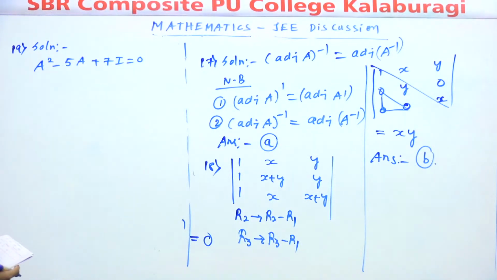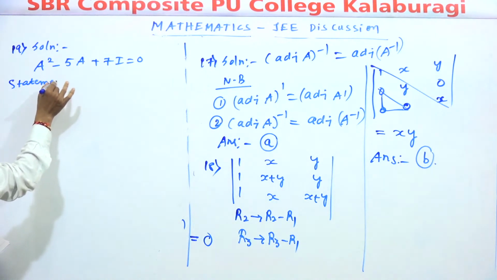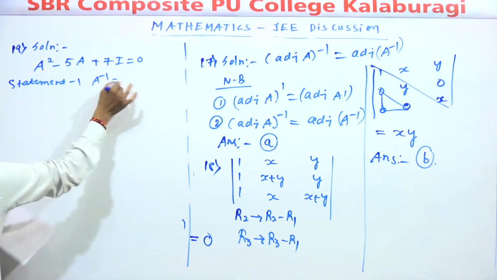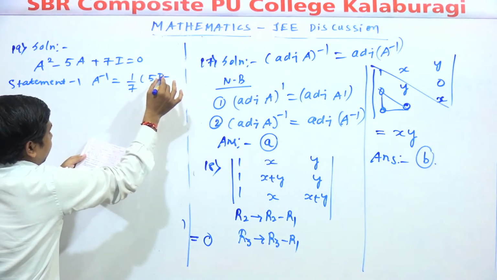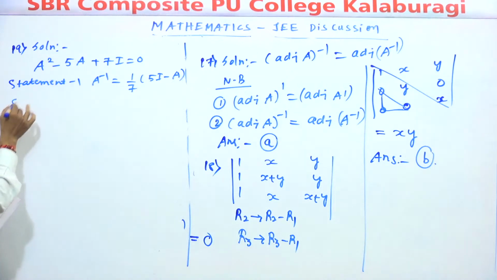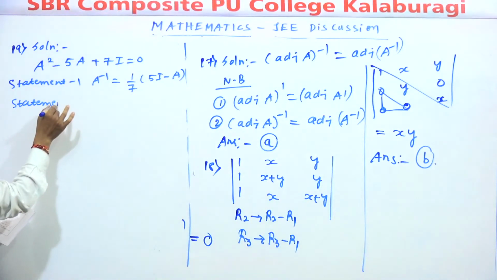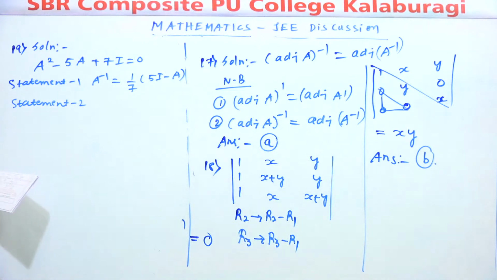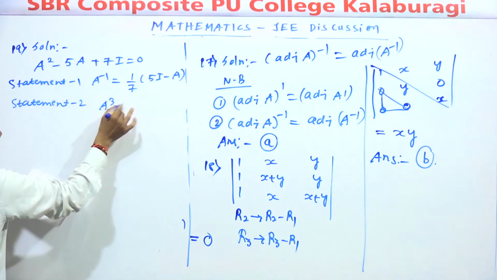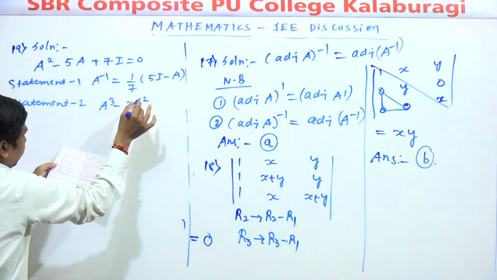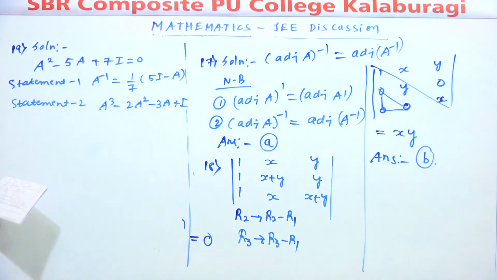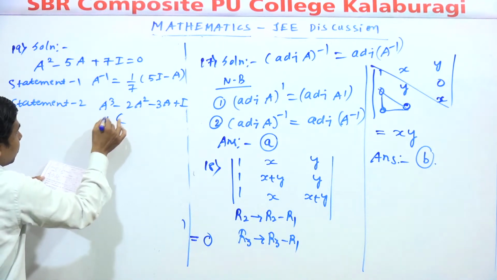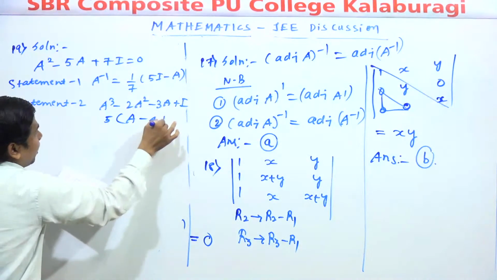So statement 1 is: A inverse is given by 1 by 7 into 5I minus A. And statement 2: the polynomial A cube minus 2A square minus 3A plus I can be reduced to the form 5 into A minus 4I.